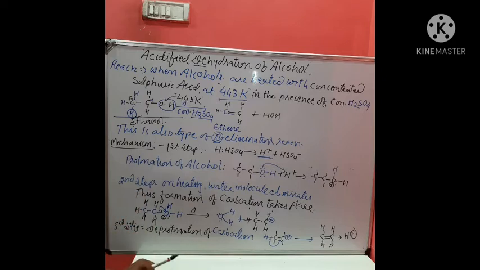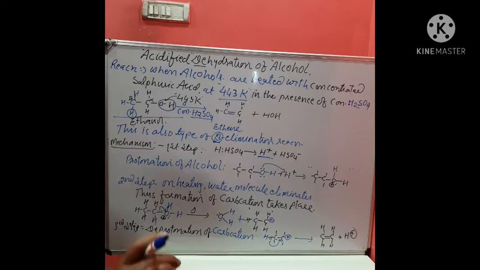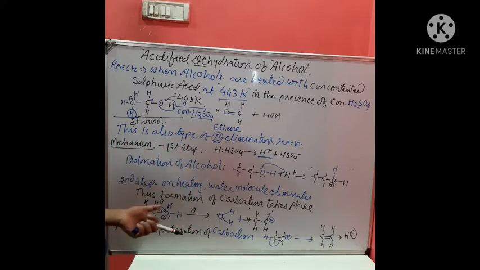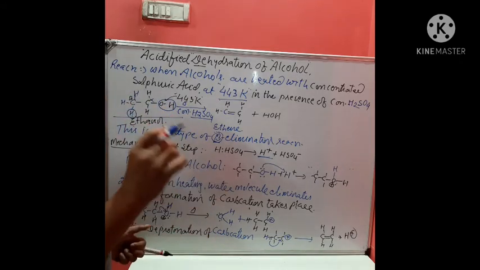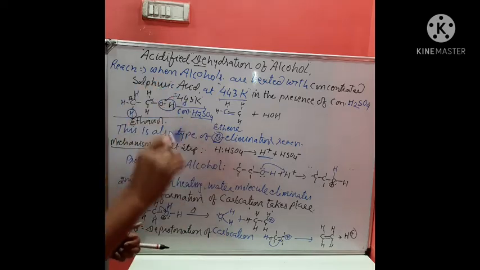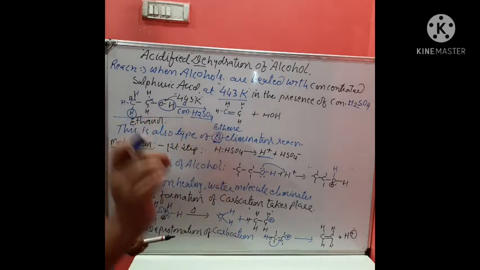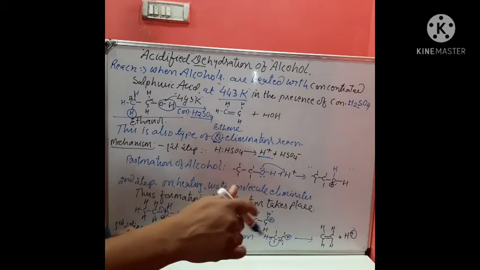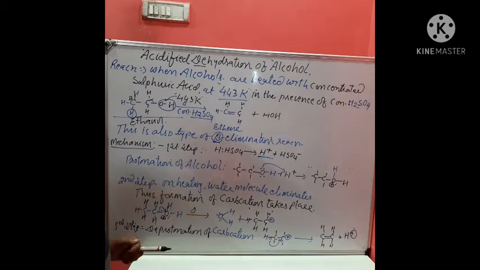But if we take another type of higher alcohol where there will be chances of formation of more than one type of carbocation, then we have to form that carbocation which will be more stable compared to the other. And you know that the stability of carbocation is in the order primary, secondary, and tertiary carbocation. So the tertiary carbocation is most stable.